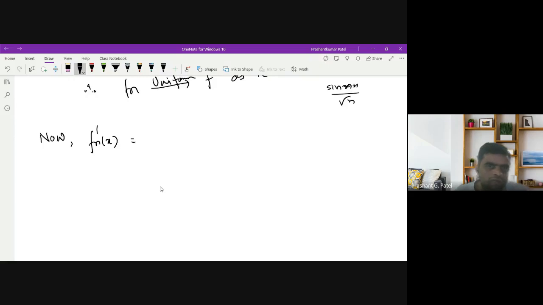So the derivative of this with respect to x is cos nx upon root n, into n. That is equal to root n into cos nx.